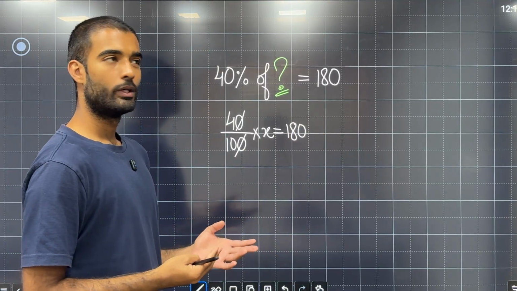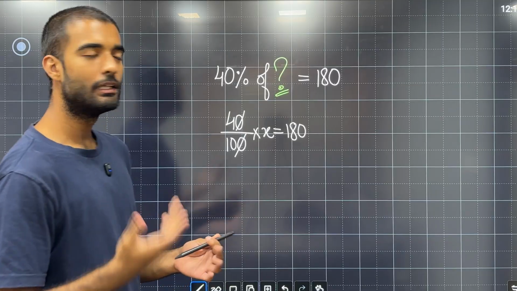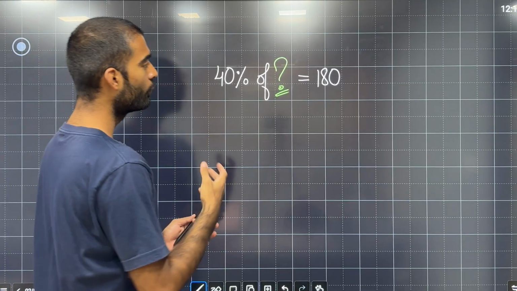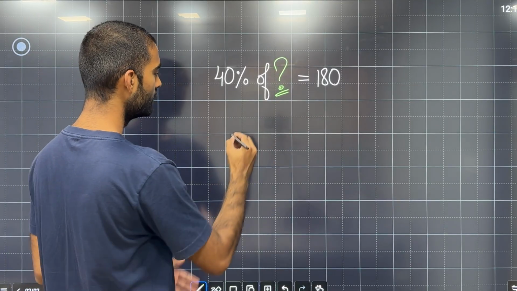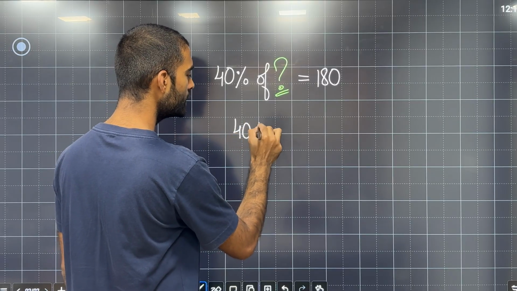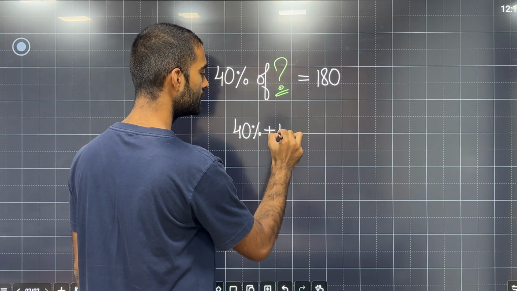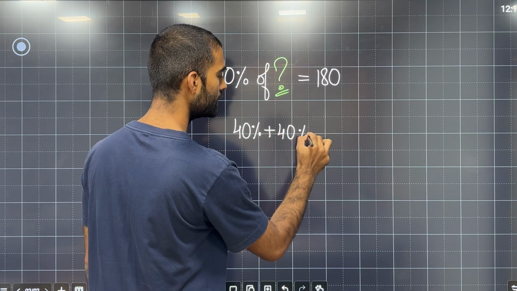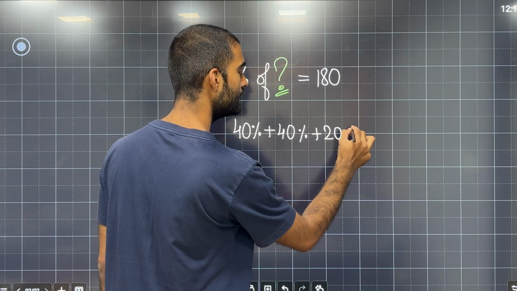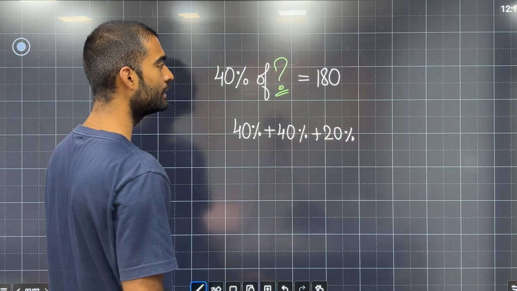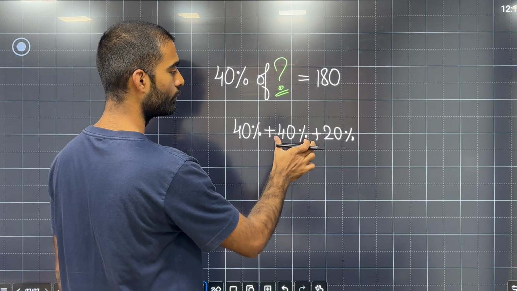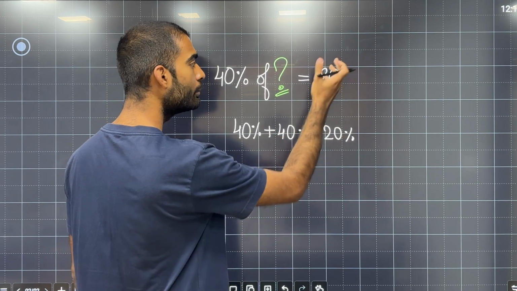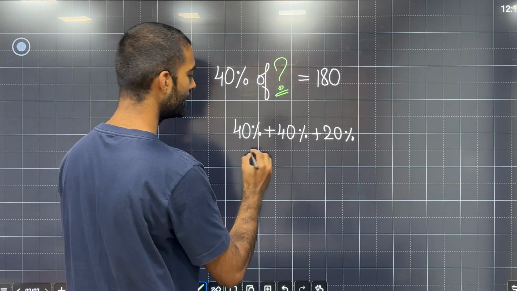But there is a second way which I prefer and which I really like. That is, 40% of something is 180. So why not make it 40% plus 40% plus 20% of that thing will be 100% of that thing. So 40% is 180, 40% is again 180, and 20% is 180 divided by 2.